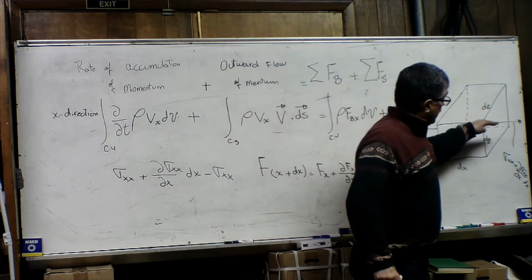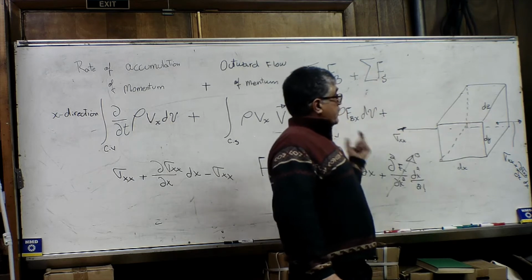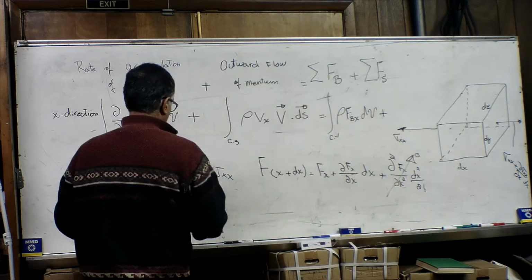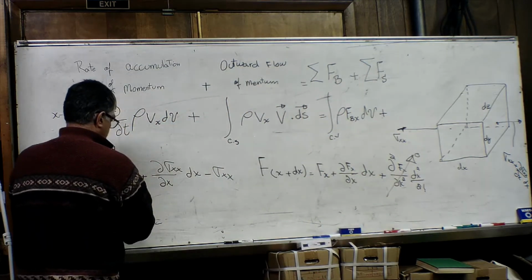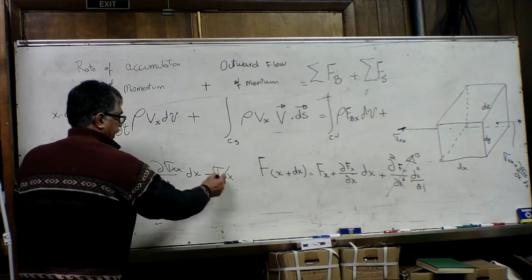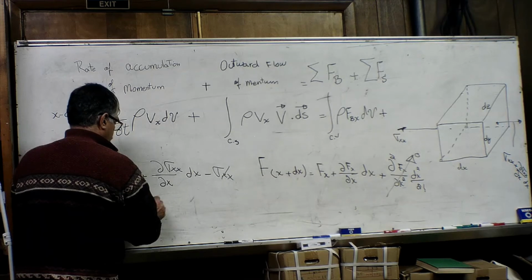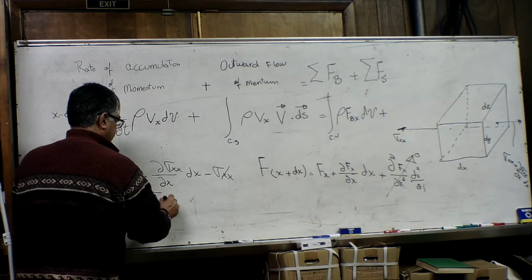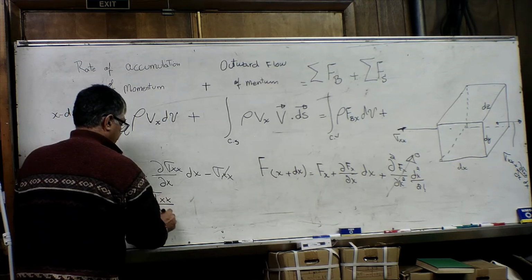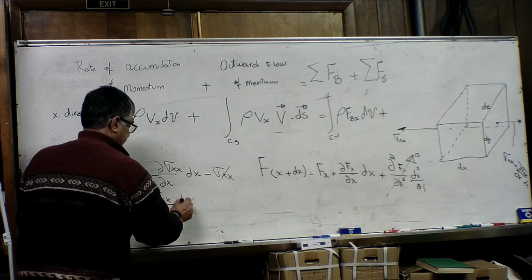This force minus that force. So sigma xx will cancel out, and this will be equal to the partial derivative of sigma xx with respect to x times dx.